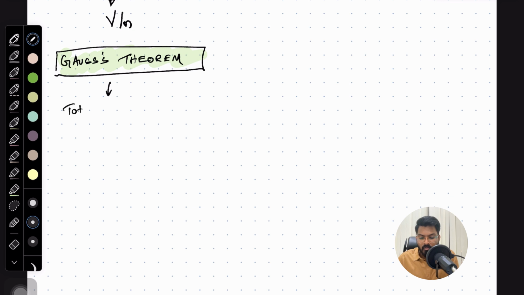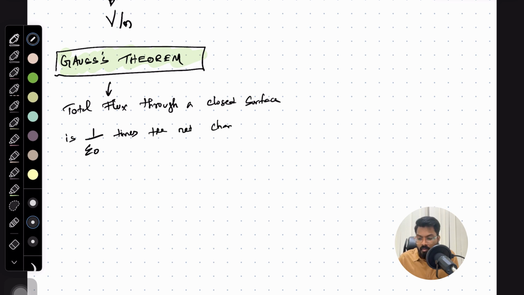The total flux through a closed surface is 1 by epsilon naught times the net charge enclosed by the closed surface. That is Gauss theorem.